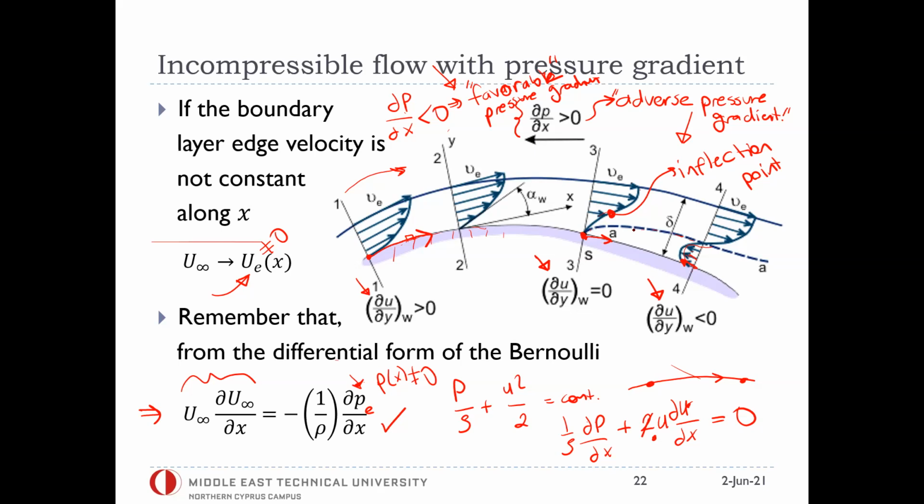So this is some conceptual and physical description, but the question is, under these dp/dx values, whether we have a positive dp/dx or a negative dp/dx, how can we solve the boundary layer equations under that condition? Because Blasius did not show us how to do that. He assumed dp/dx equals 0, so a flat plate problem, and obtained a solution. What if it's not 0?